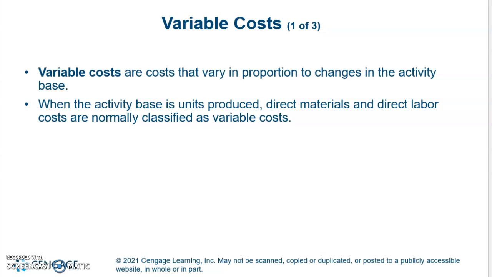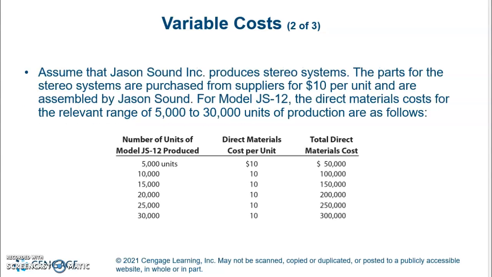So let's look here at this. We're going to be making stereo systems, and we are looking at the variable cost per stereo system, or per unit, and it is $10 per unit.